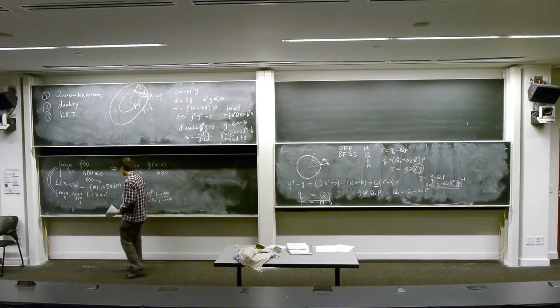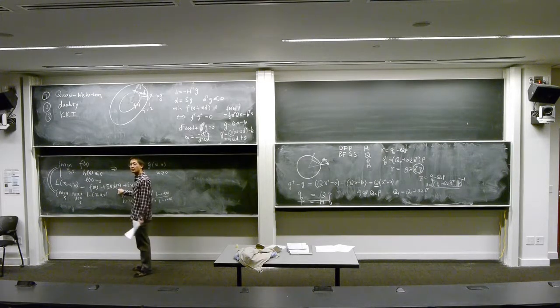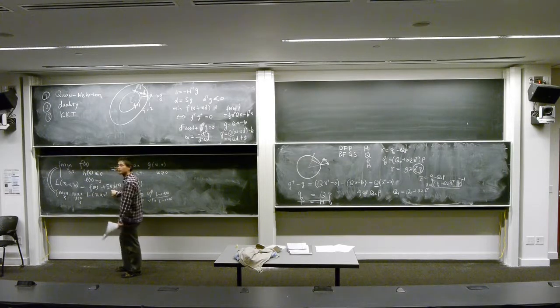I forgot to mention this. If x is actually feasible, that means all the constraints are satisfied, then h of x is smaller or equal to 0. What do you want to do? How can you maximize this term when u is greater than 0? You want to put a positive multiplier to something that is non-positive. So the maximizer of this term will be u equals to 0, right?